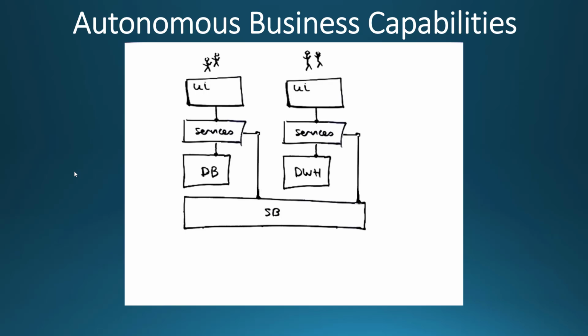If you apply that to your software delivery teams, then you get something like this. It means autonomous business capabilities. So instead of grouping by technology, you group by functionality. So you have one team that is responsible for the dispatching, or the system I just showed you for injecting and withdrawal gas.